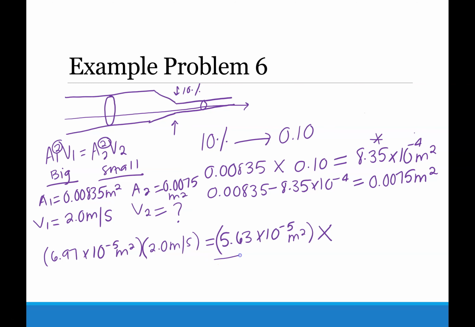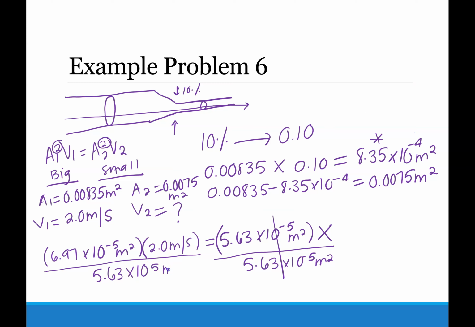So to get x by itself on the right side of the equal sign, we have to divide by 5.63 times 10 to the minus 5th meters squared. And that cancels. So again, bring it to the other side and divide by 5.63 times 10 to the minus 5th meters squared.